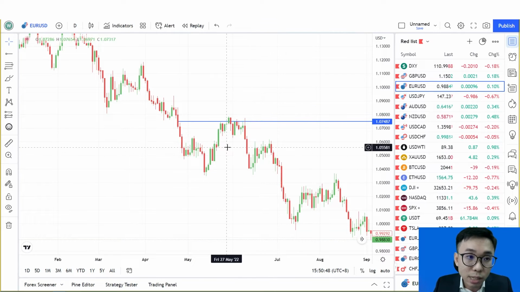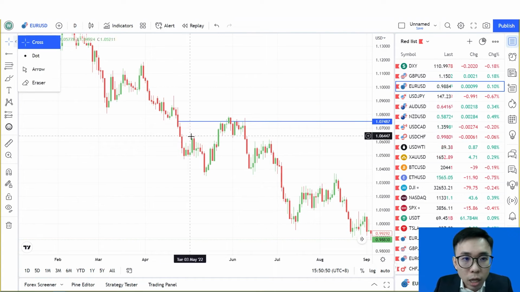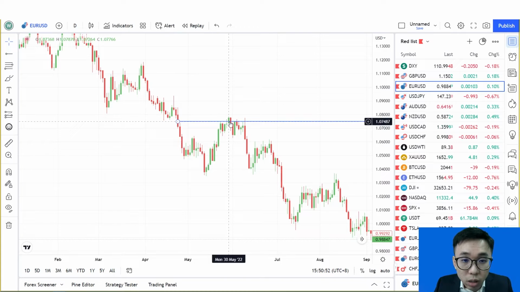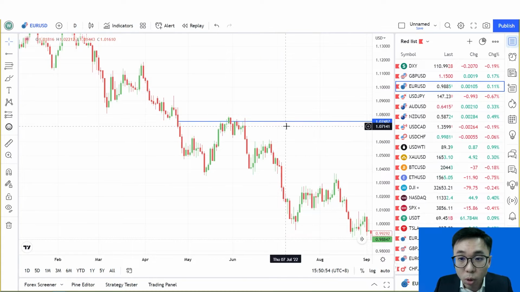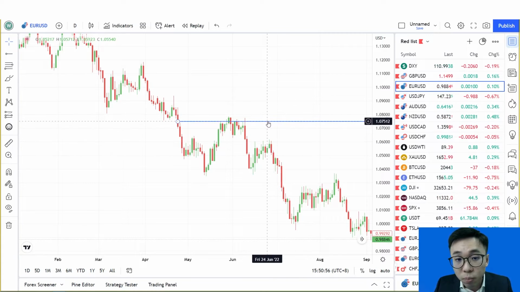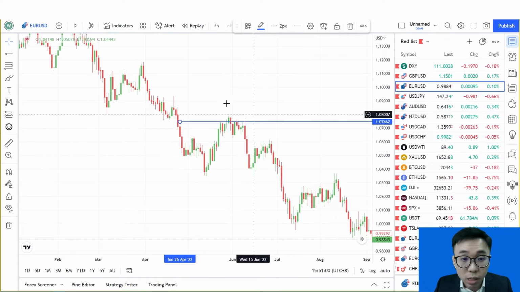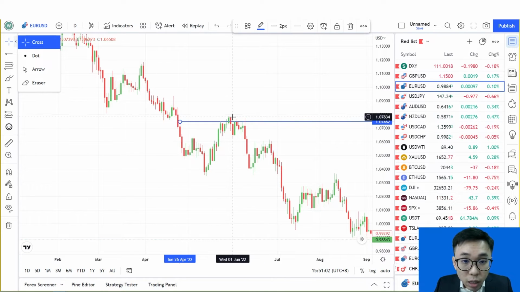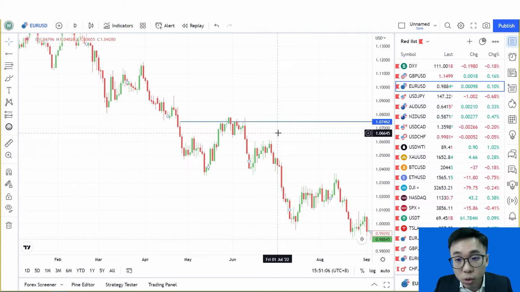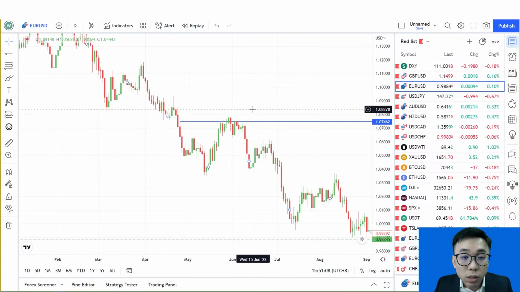So as you can see right here, EURUSD has tried to break out from 1.0745 around this area. However, when it closed this candle above this level, you can see that it instantly closed back below 1.0745. So this kind of fake breakout would actually occur.